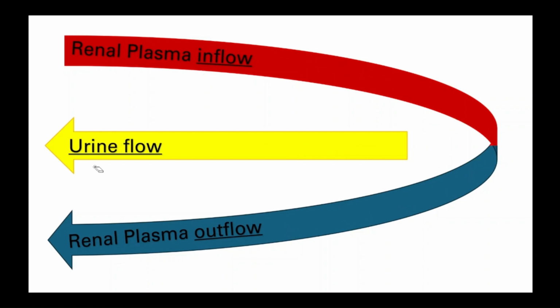Clearance, we say that it is the volume of plasma from which a substance is completely cleared in the urine per unit time.